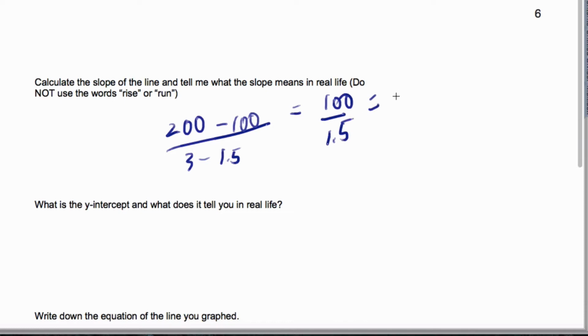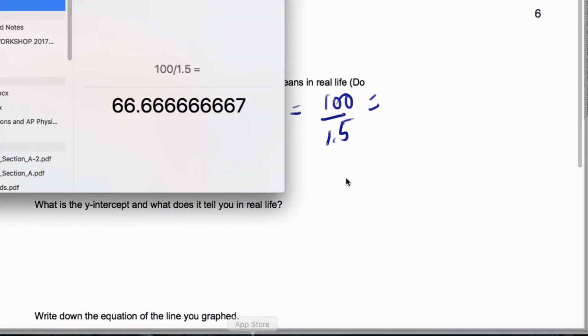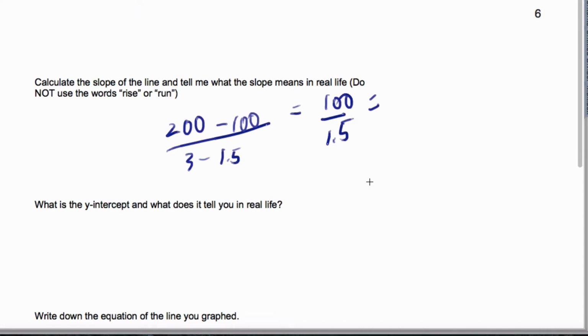And when I work that out, I'm getting 66.7 centimeters per second. How am I getting the units? The unit of my slope is the units of my rise divided by the units of my run, centimeters per second.